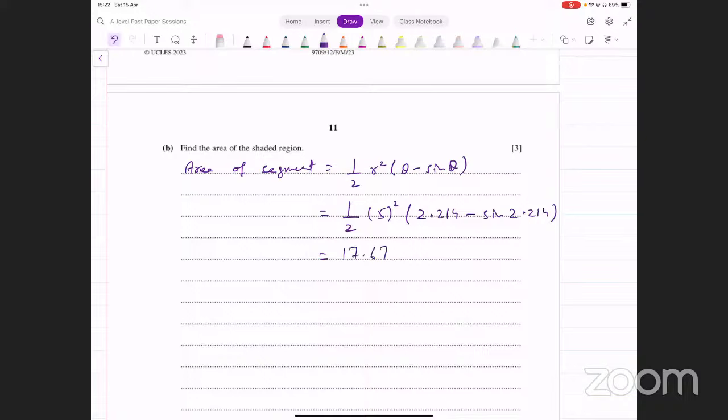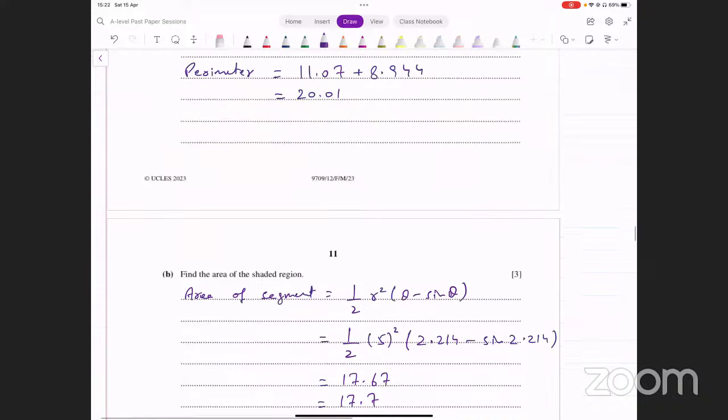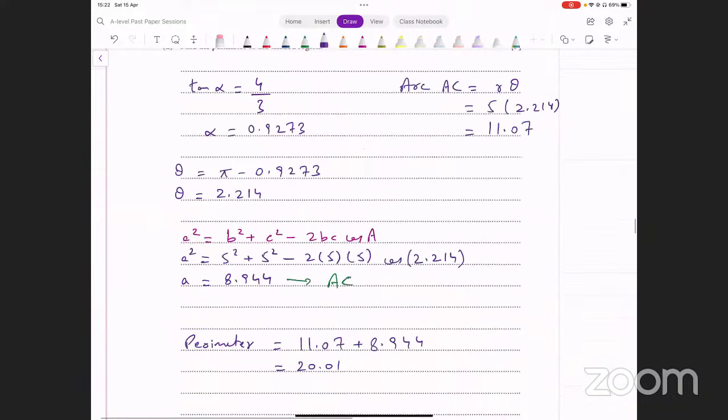Again, you can leave it like this, or round it off to 17.7, and that will be acceptable. So that was question number 8 from this paper. We're done with 8.